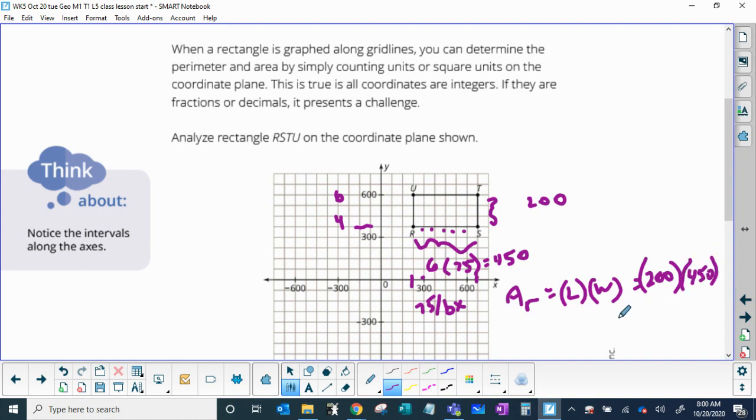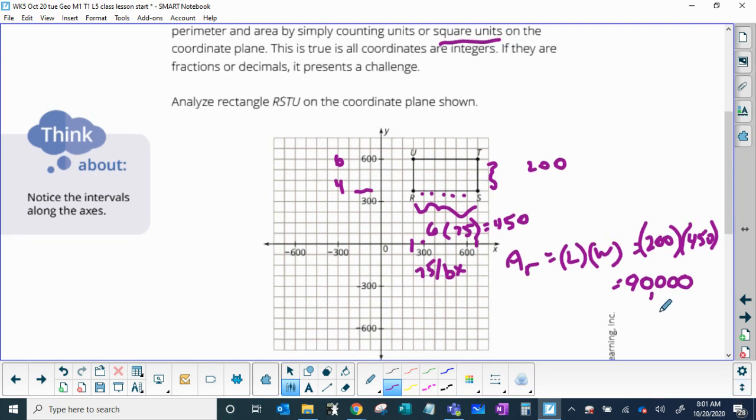Well, 200 times 450 is going to be 90 with 3 zeros. 90,000 square units. Okay, but we're good at rectangles.